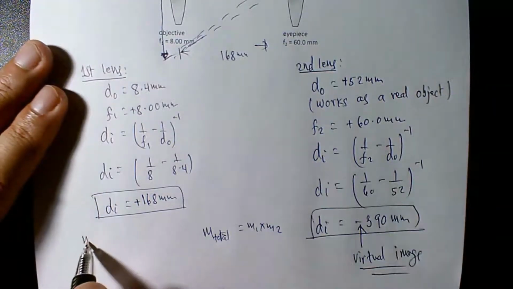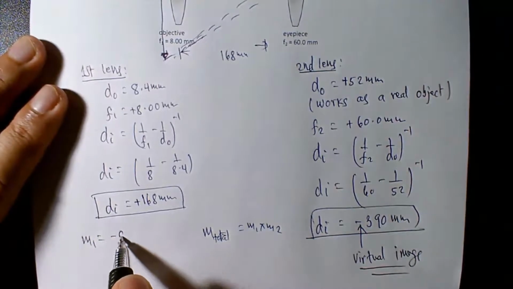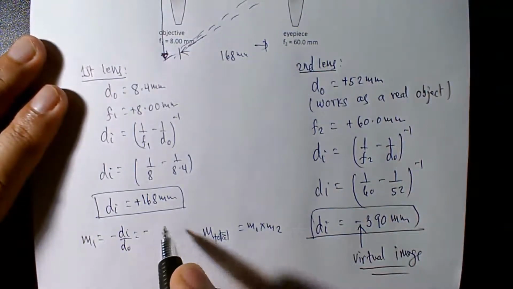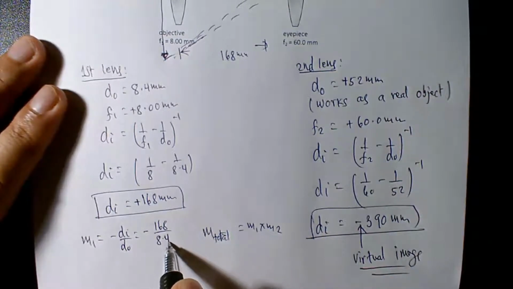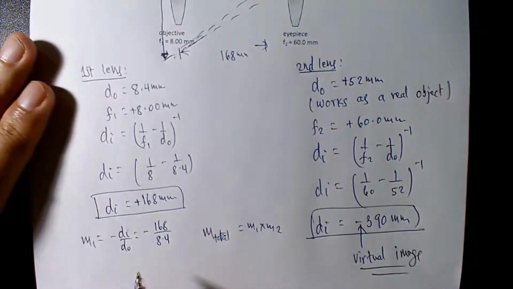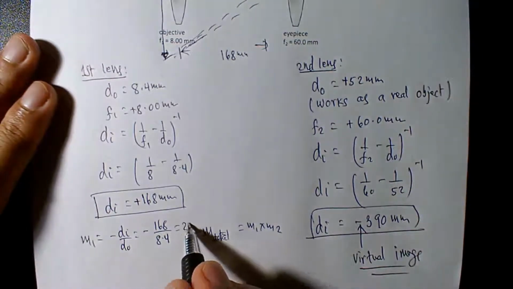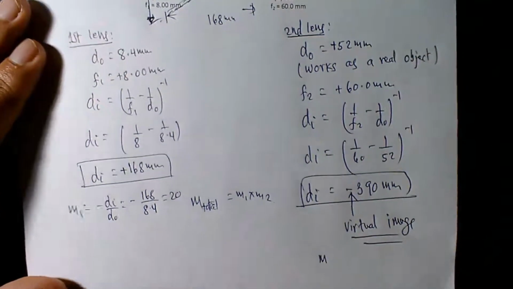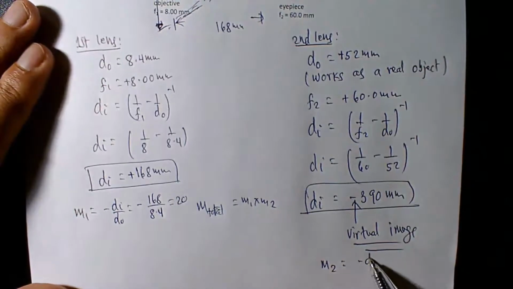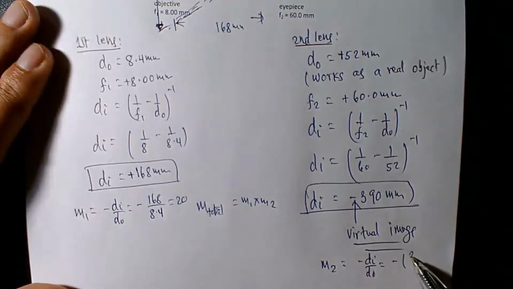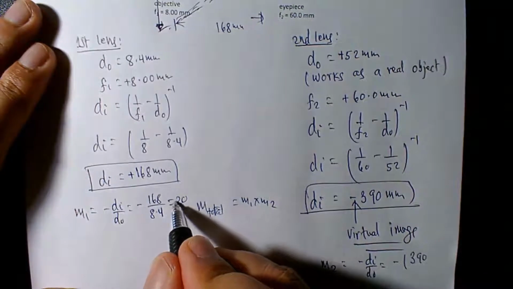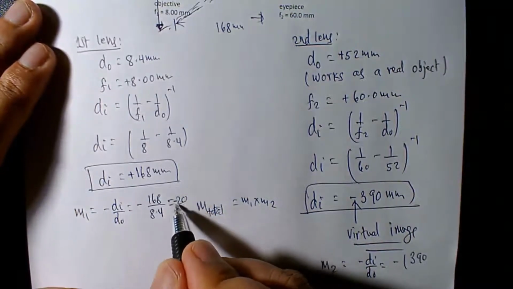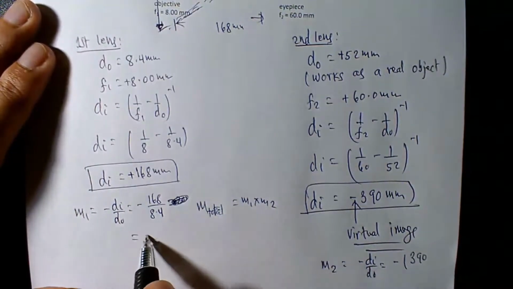Total magnification will be m1 times m2. So what would be m1? M1 is negative di over do, so 168 divided by do is 8.4, and that's going to be negative 20.